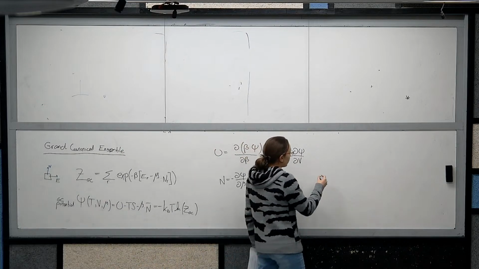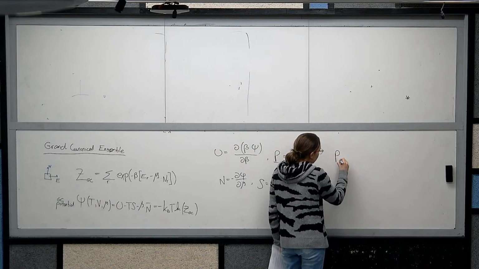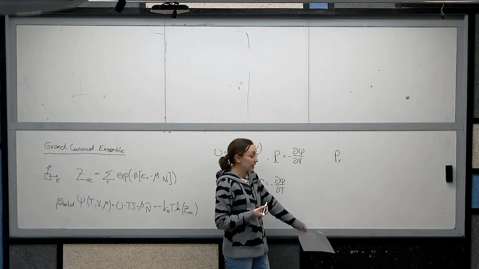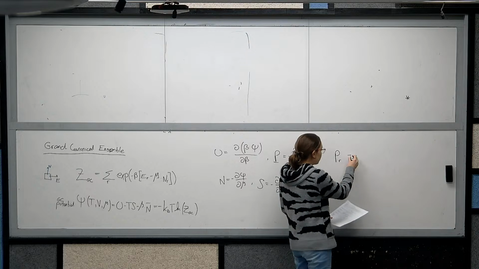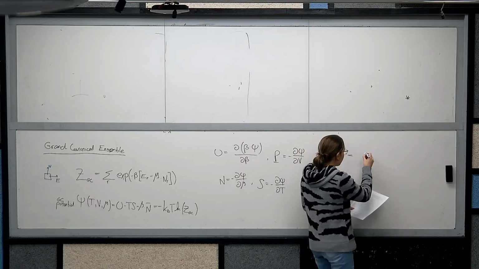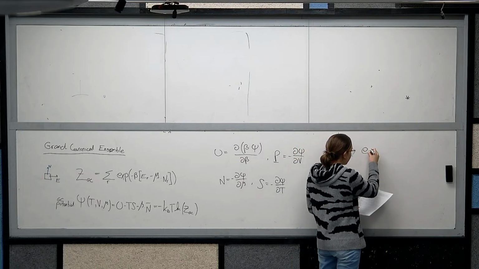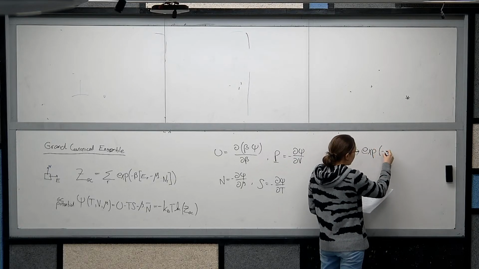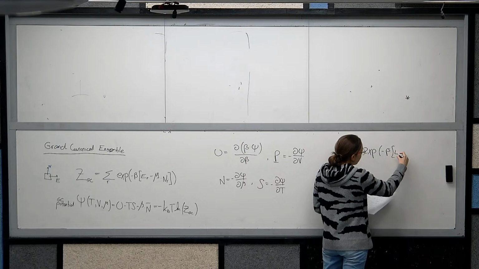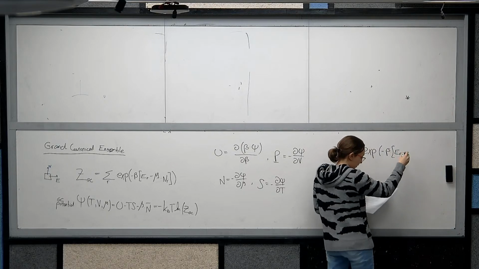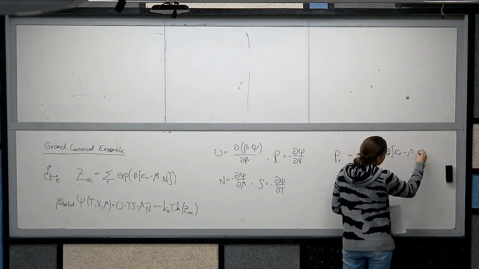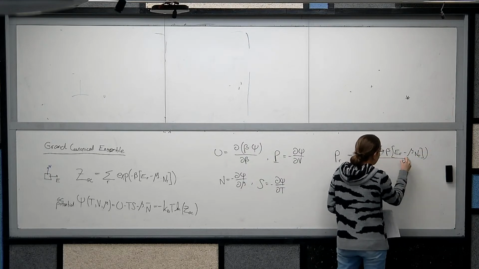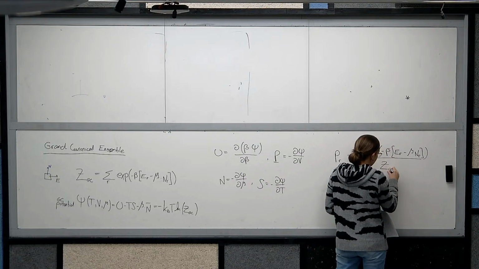So we can also do it here and say the probability to find the system in some state R equals, and we have the same thing, the exponent of minus beta times the energy of state R, minus mu times the number of particles, divided by the total partition function.